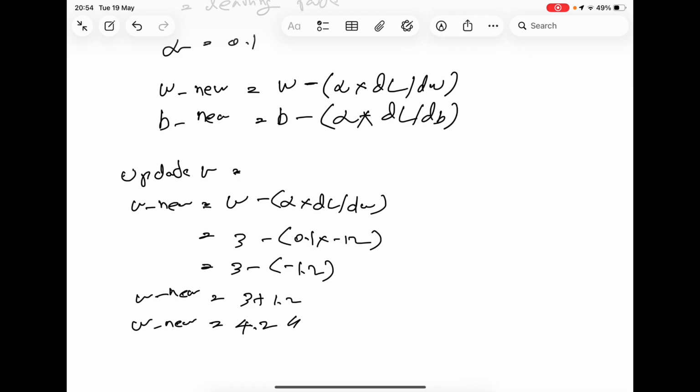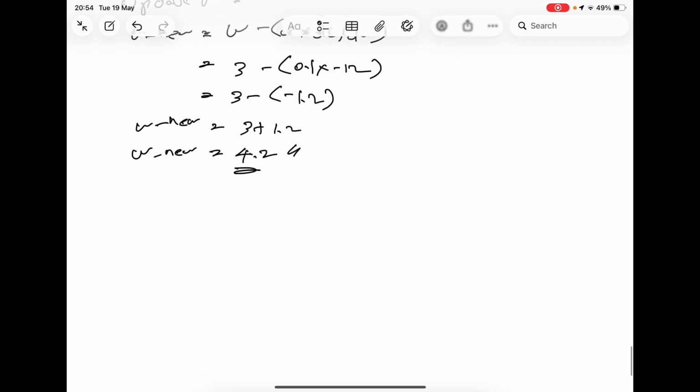So this is our new weight, right? And let's update the b as well, which is the bias.